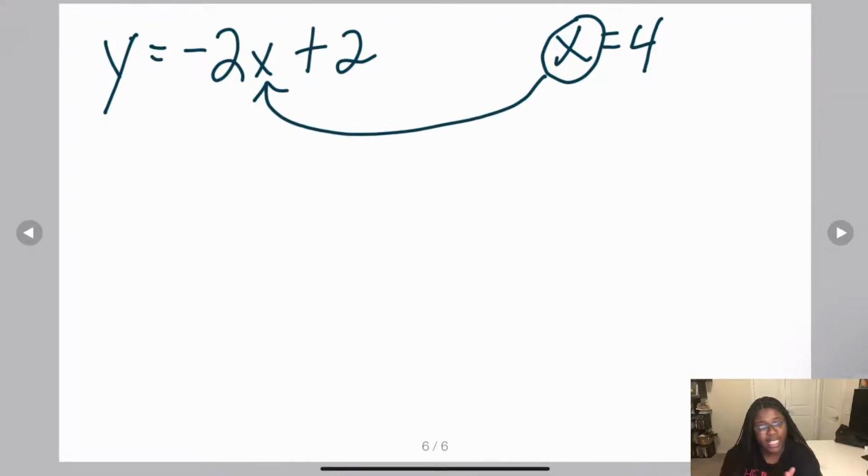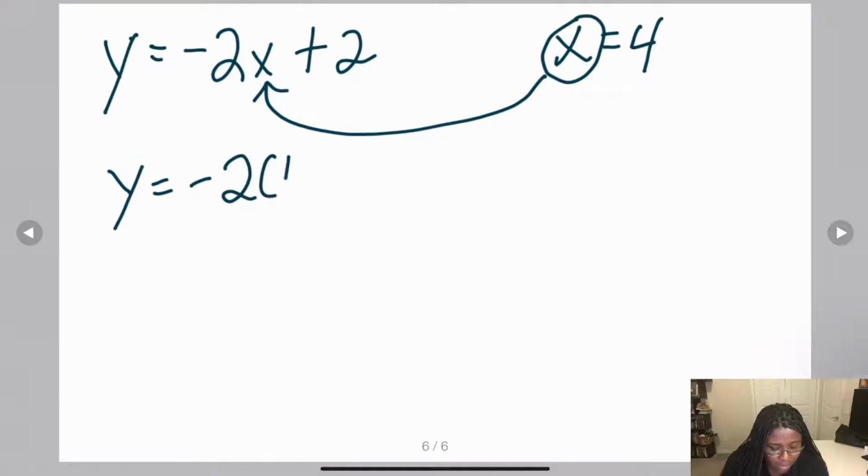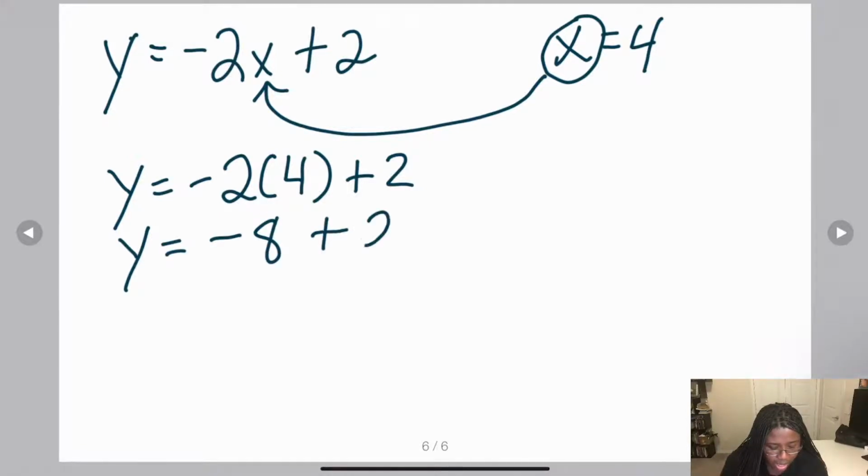I'm going to replace or substitute that x in my equation to find y. And it'll be negative 2 times 4 plus 2. So now y equals negative 2 times 4, which is negative 8. We're going to add our 2 back in, because we didn't do much with it. And negative 8 plus 2 is negative 6.